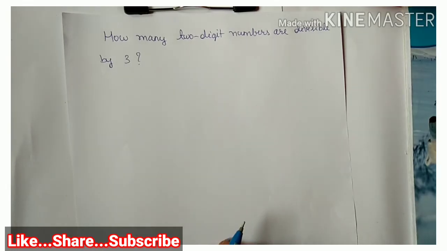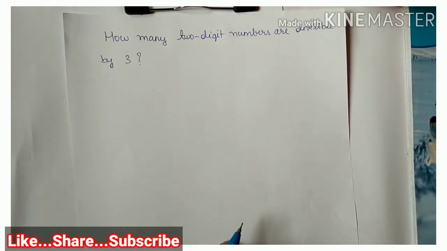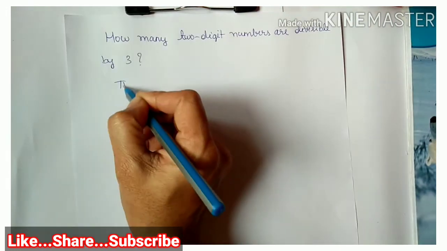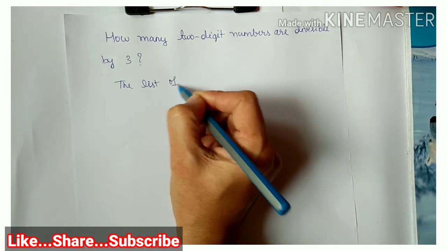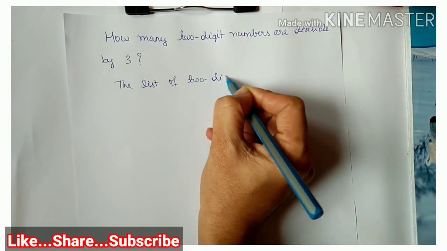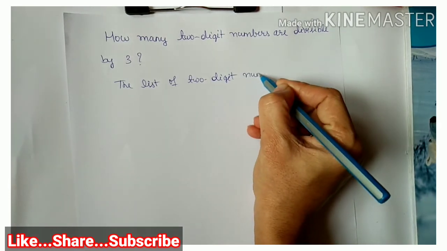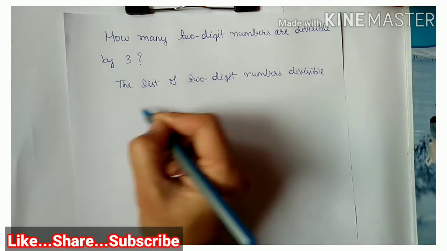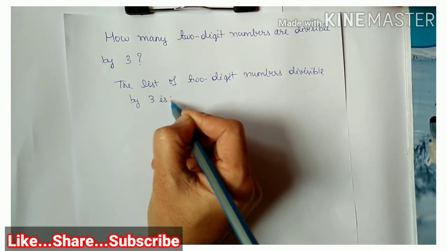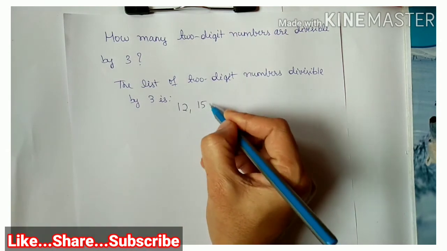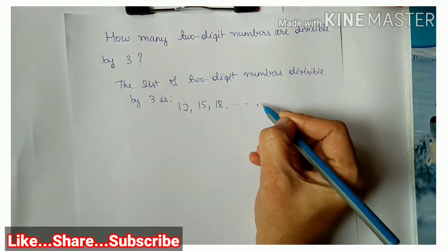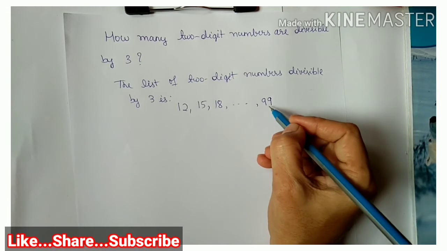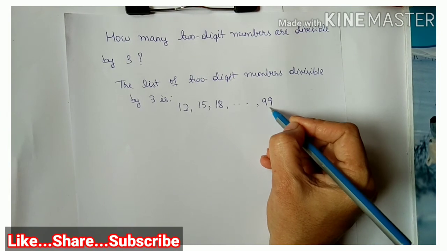Next important question: how many 2-digit numbers are divisible by 3? The list of 2-digit numbers divisible by 3 is 12, 15, 18, up to the last term, 99.